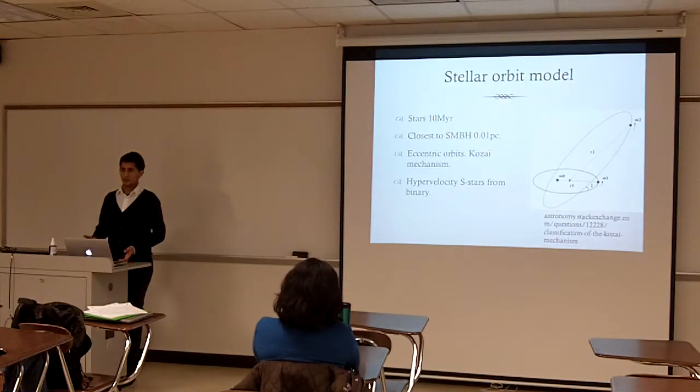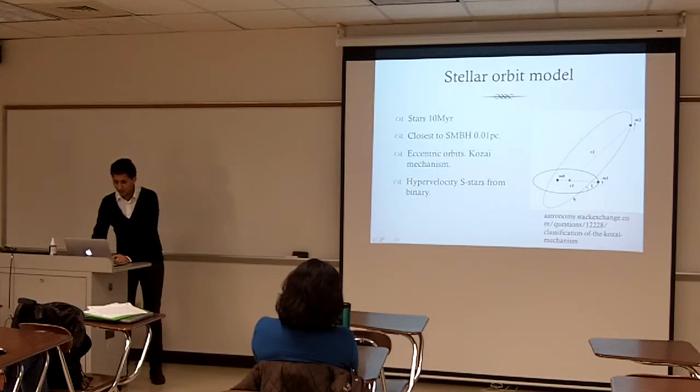As I've said before, the Kozai mechanism is when a star orbits the supermassive black hole, and the gravity of the first star is affected by the second star orbiting outside. Can you point out where the black hole is on that diagram? It's not the black hole in here, but if it is, it would be in the middle, at that X.